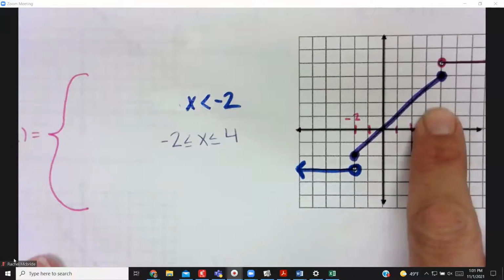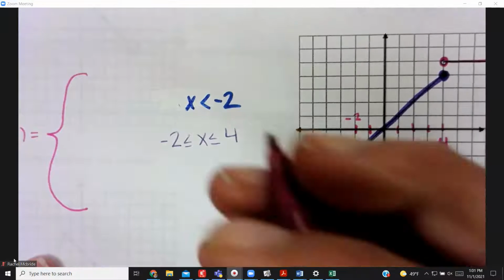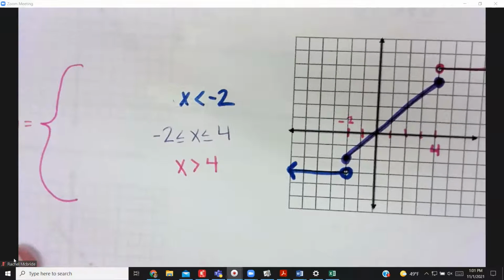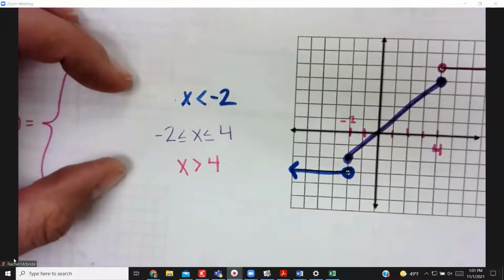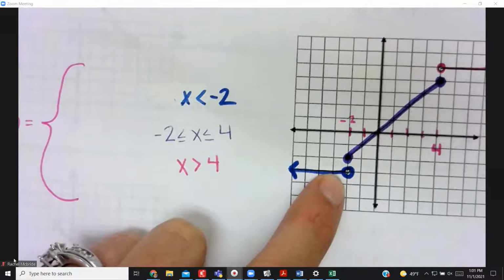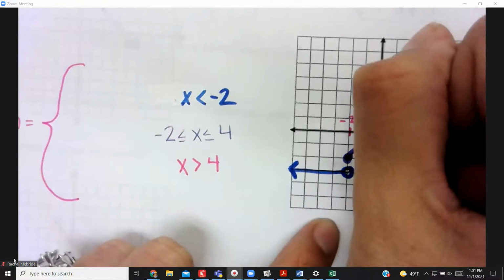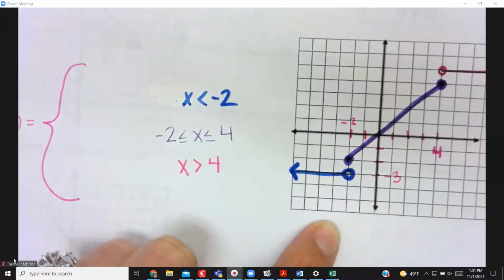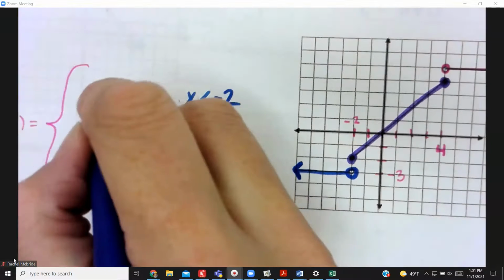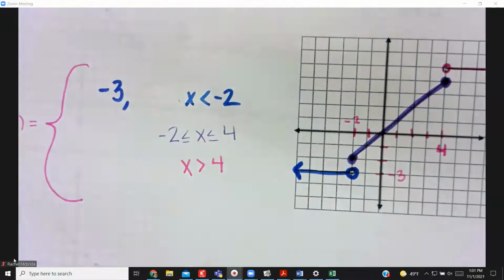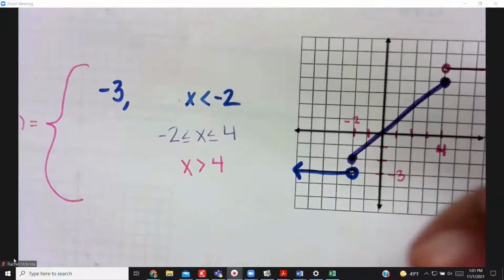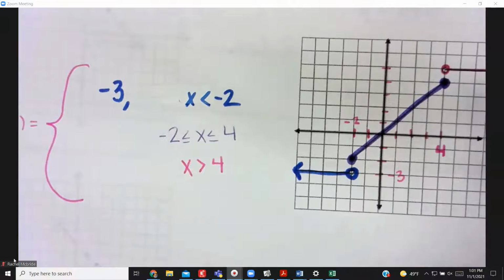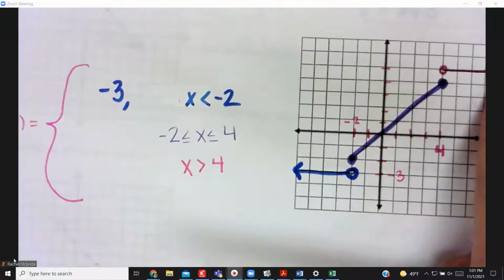And then here, it's x values greater than 4, but not equal to. The top and bottom function are really easy because these are horizontal lines. So you just need to know the value of y. So that is at negative 3. So this equation is just negative 3. The other value is at 5.